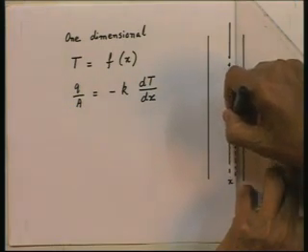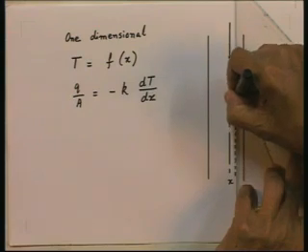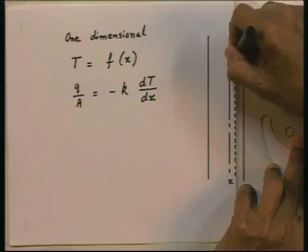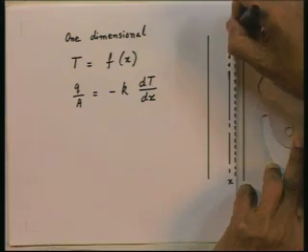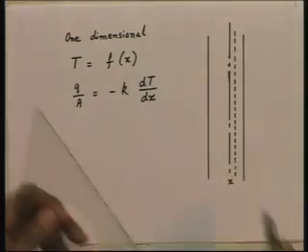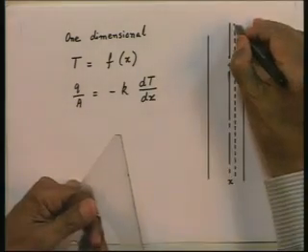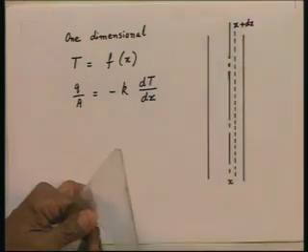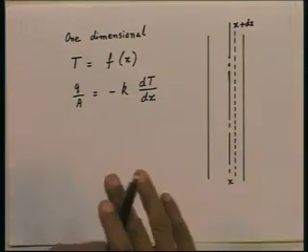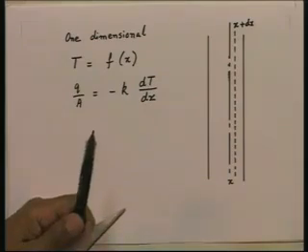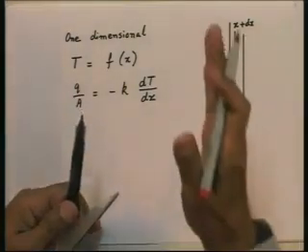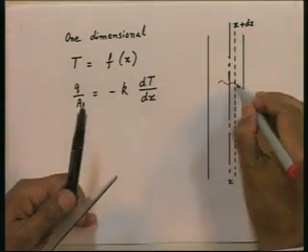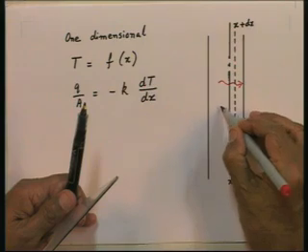This is the plane x and this is the plane x plus dx. Now, consider heat flowing across this slab through the plane x and then through the plane x plus dx. The heat is flowing at the rate q.